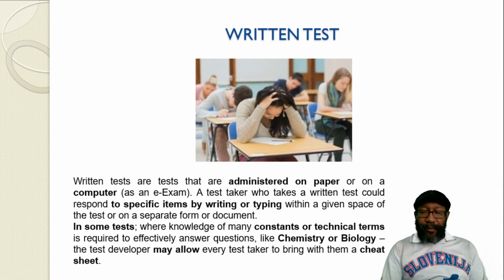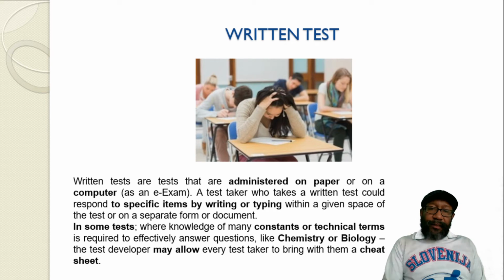In some tests, where knowledge of many constants or technical terms is required to effectively answer the questions, such as chemistry or biology, some test developers allow you to bring a cheat sheet. What is a cheat sheet?